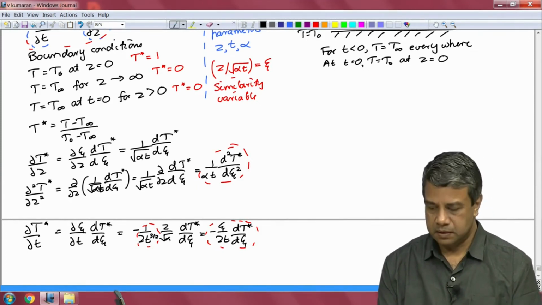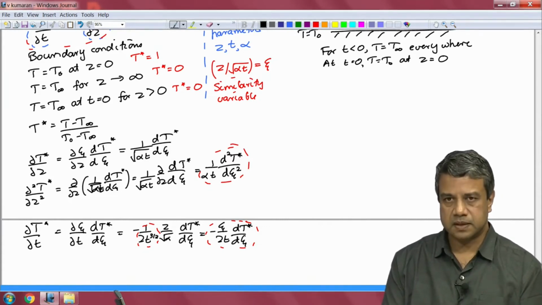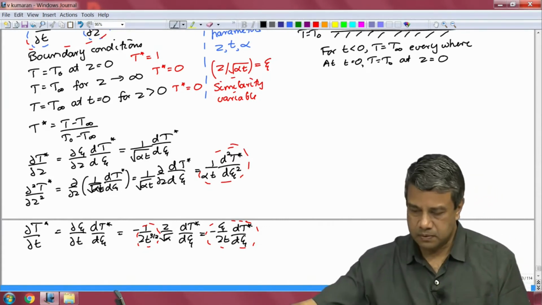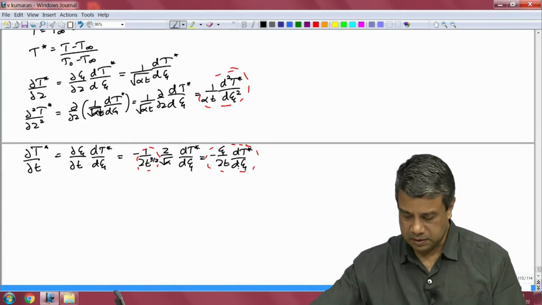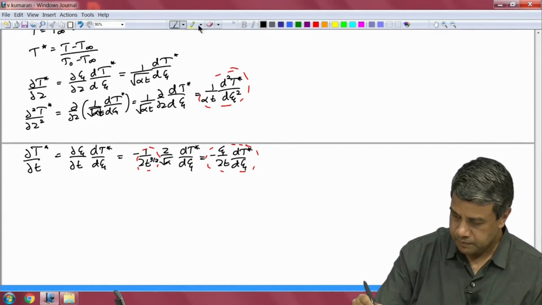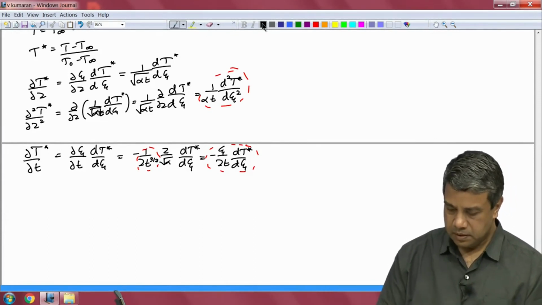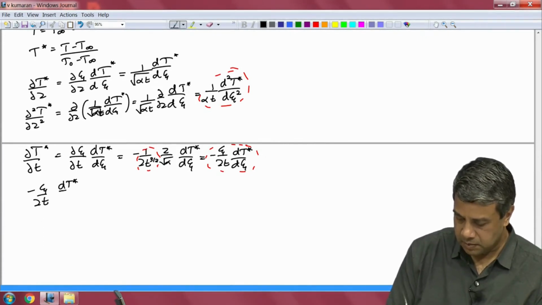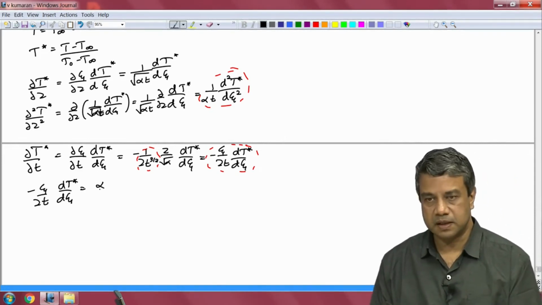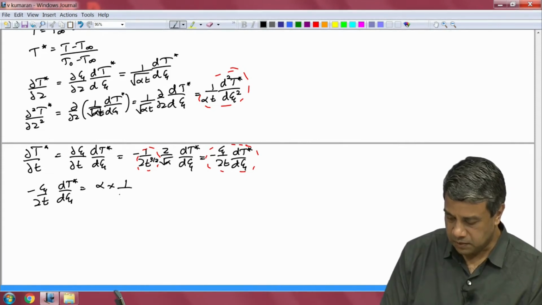I substitute that into the conservation equation, and the equation will change to: partial t by partial t, which is minus psi by 2 t dt by d psi, is equal to alpha into d square t by dz square, which is 1 over alpha t d square t by d psi square.